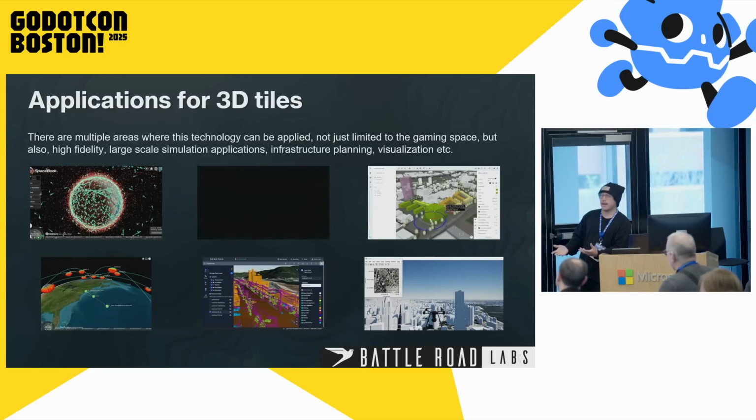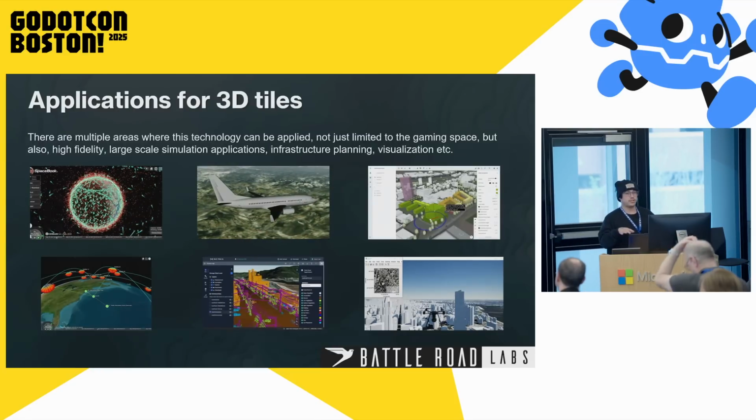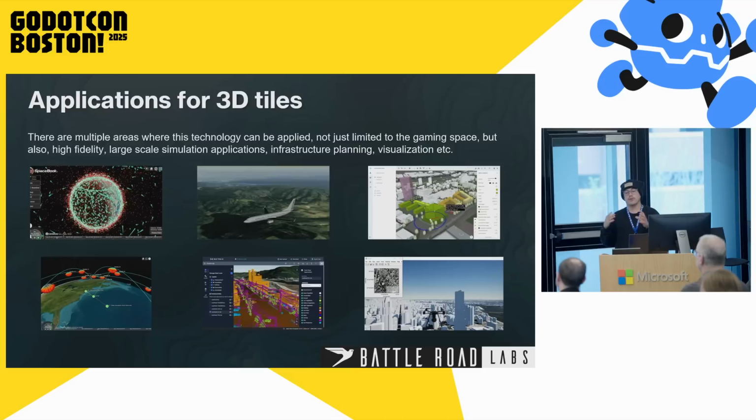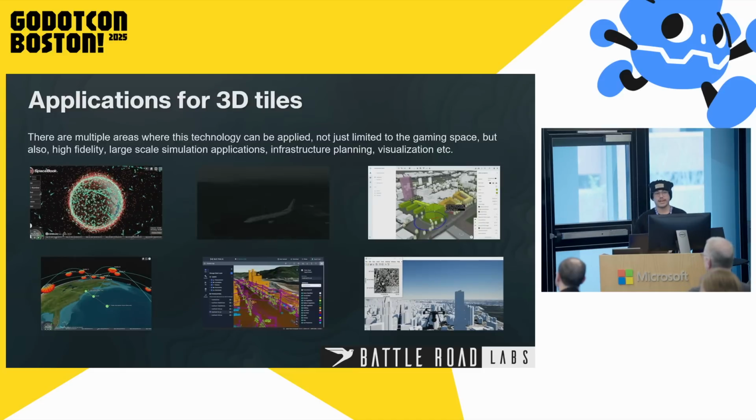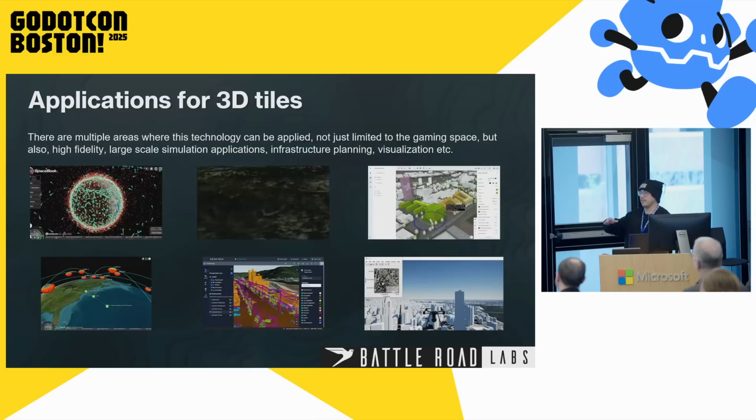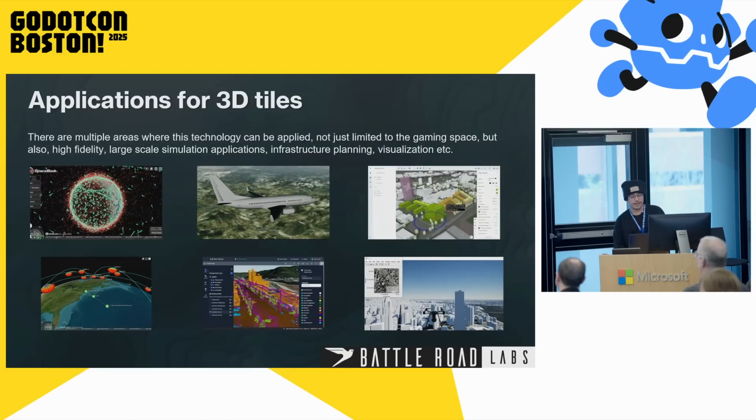And again, this is not just limited to what the plugin just provides you out of the box. You can also import your own data onto Cesium and then just go wild with it.